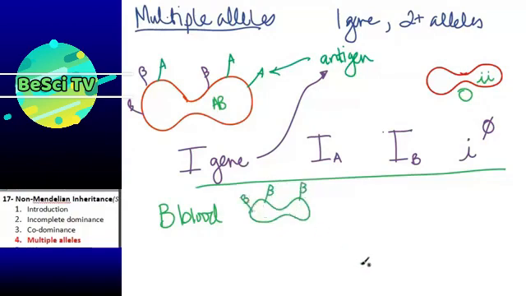What is my genotype? Well, I've got to have IB to get those B antigens. What else? I could have two IBs, or I could have IB, little i. Both of those result in the same B blood phenotype, right?